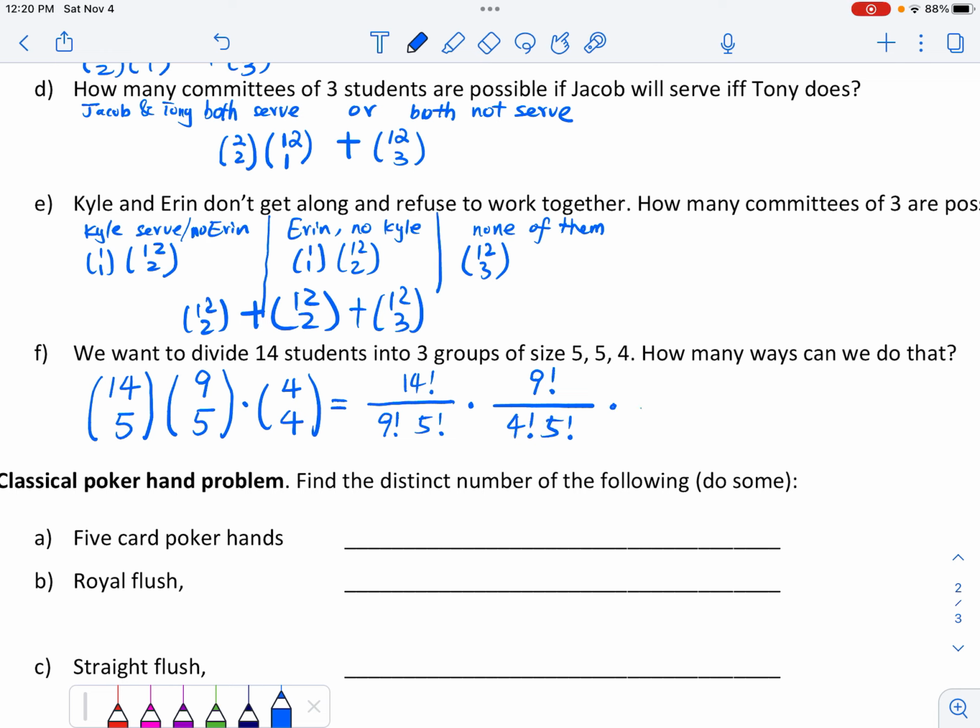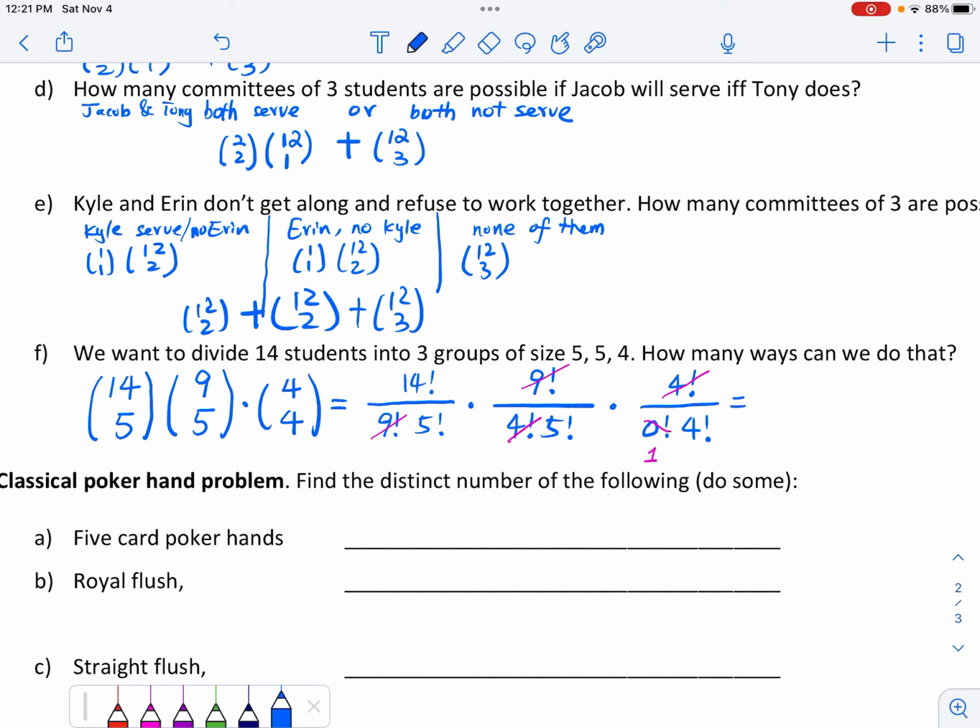And the 4 choose 4 means 4 factorial divided by 4 minus 4, which is 0 factorial, times 4 factorial. Now you see a lot of cancellation can be done. So 9 factorial cancels out 9 factorial. 4 factorial cancels out 4 factorial. And this 0 factorial is just equal to 1.